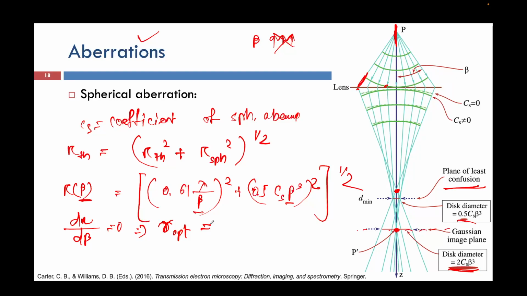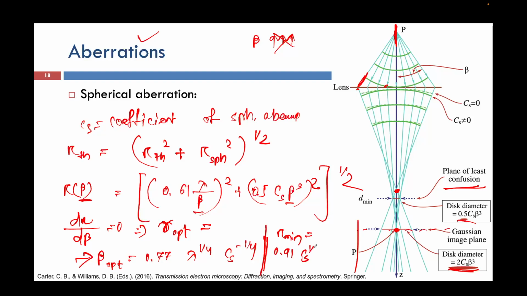Setting this to 0, the optimum beta is 0.77 lambda to the power 1/4 Cs to the power minus 1/4. Using this optimum semi-convergence angle, the minimum resolvable distance is 0.91 Cs to the power 1/4 and lambda to the power 3/4.